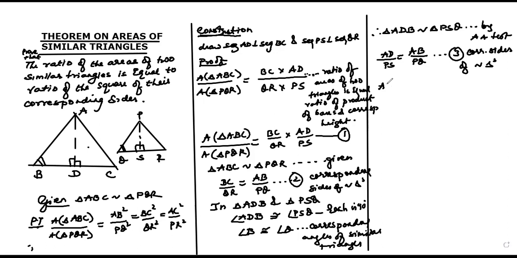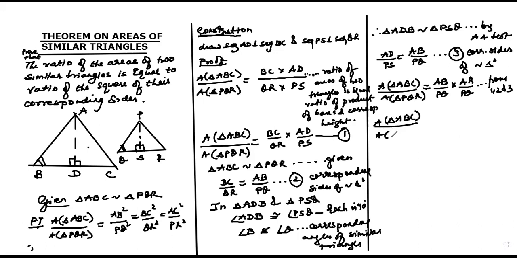So can I rewrite the area of triangle ABC upon area of triangle PQR as AB upon PQ into AB upon PQ, from 1, 2, and 3. Therefore, the ratio of the areas of two similar triangles is equal to the ratio of the squares of the corresponding sides.